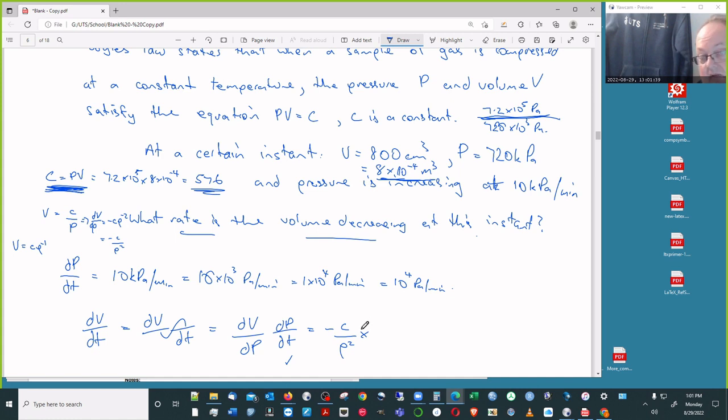I've lost it, 10 to the 4. So C's 576, and we're dividing that by the pressure squared, and the pressure was 7.2 times 10 to the 5.